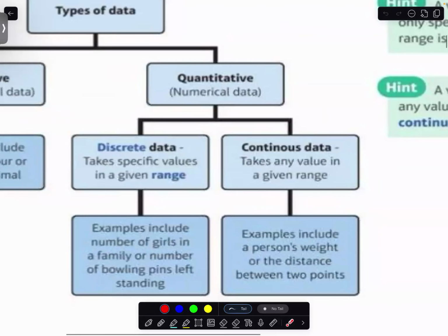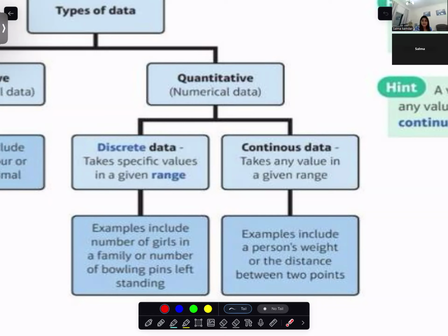Now, when we talk about quantitative data, we have two types of quantitative data. That means it could be a discrete data. Discrete data, that means the data is going to take specific value in a given range. When I say the data is going to take specific value in a given range, it means that you specifically know number of girls in a family.